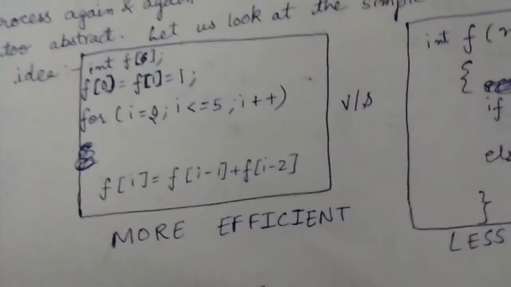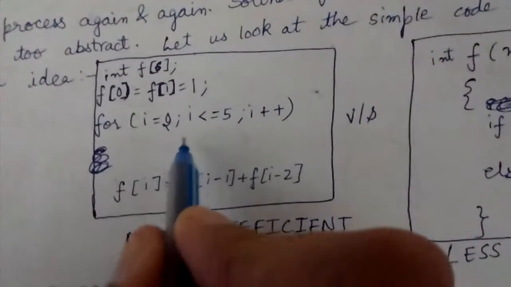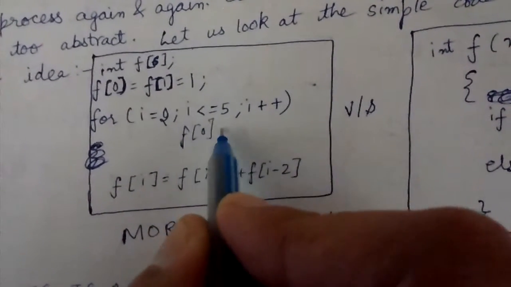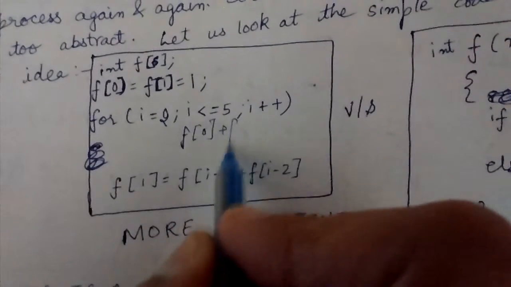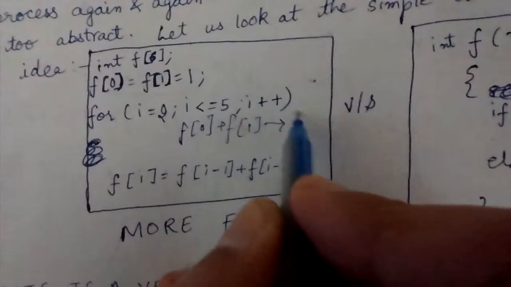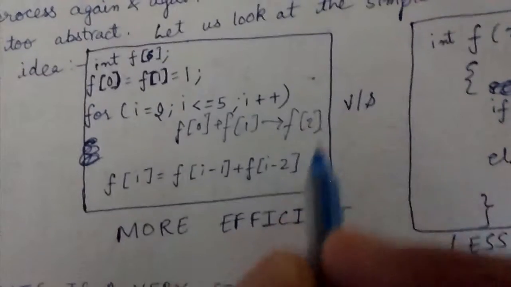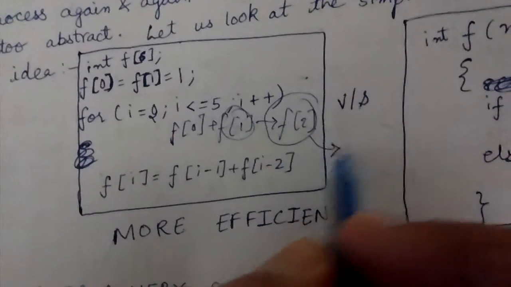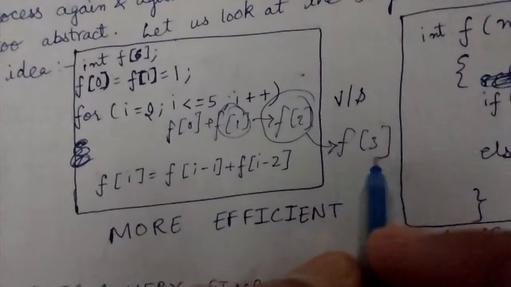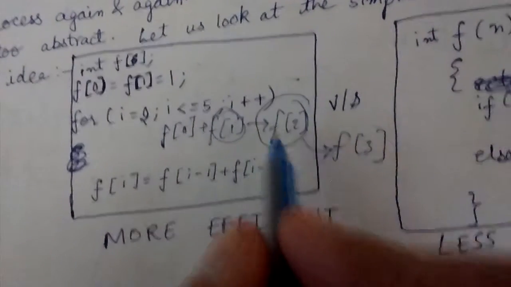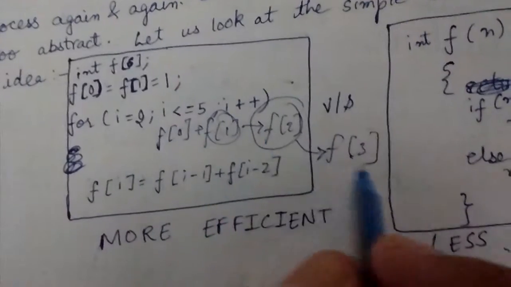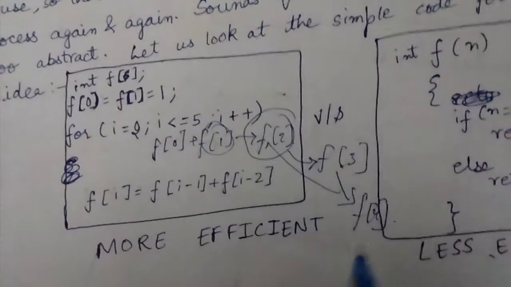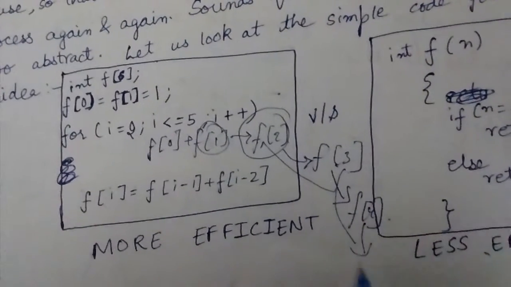So we are calculating in this order. f0 and f1 are used to compute f2, then this one and this stored value are used to compute f3. So f2 is just computed once, f3 is just computed once, f2 and f3 are used to compute f4. Everything is computed once. f3 and f4 will be used to compute f5.